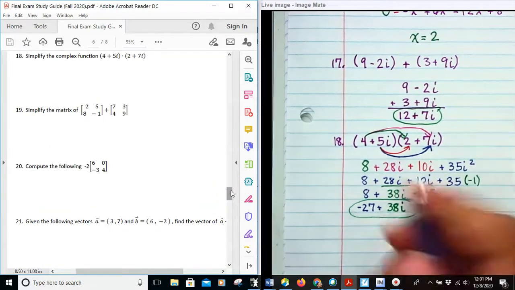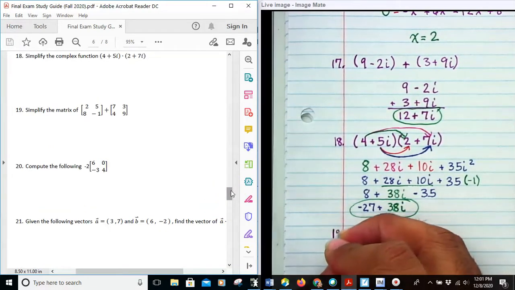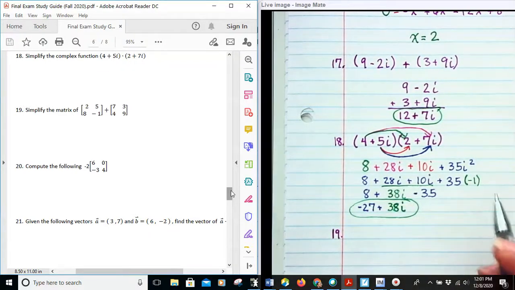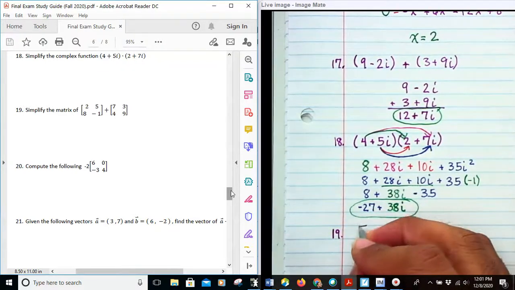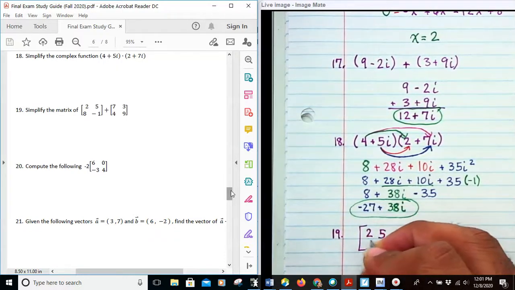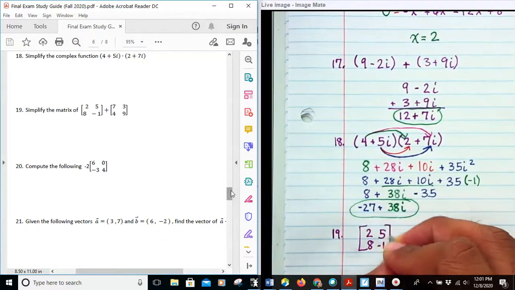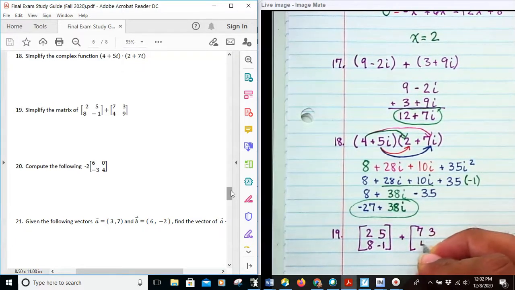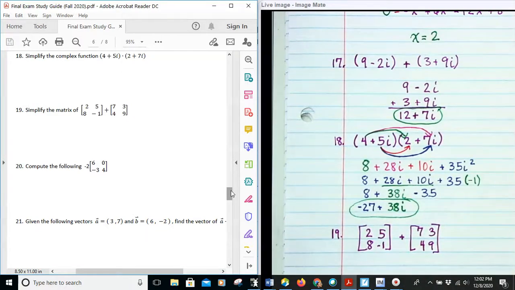All right, so let's go to 19. Okay, 19 is another easy one. All right, so with 19, we're going to just add them up together. So I'm going to write the matrices out. All right, so we just combine those.